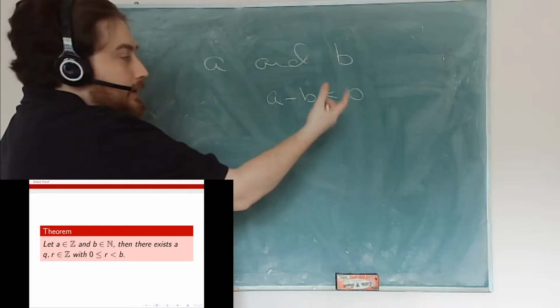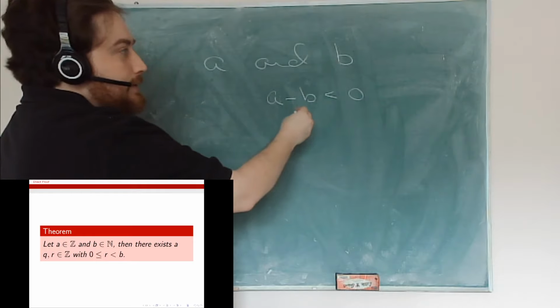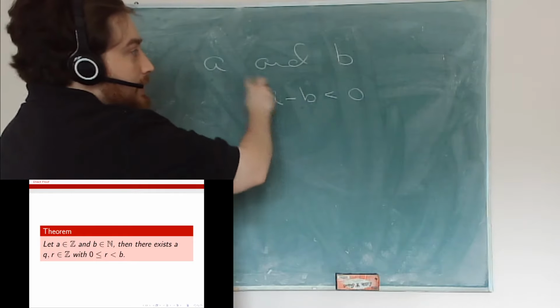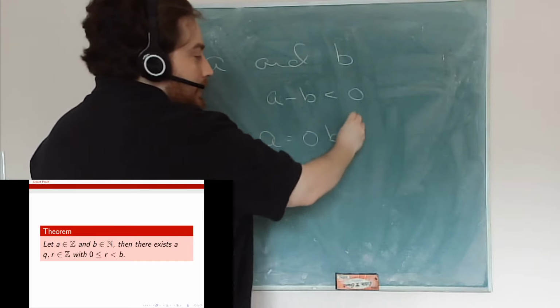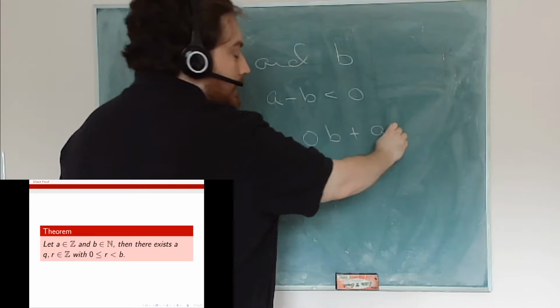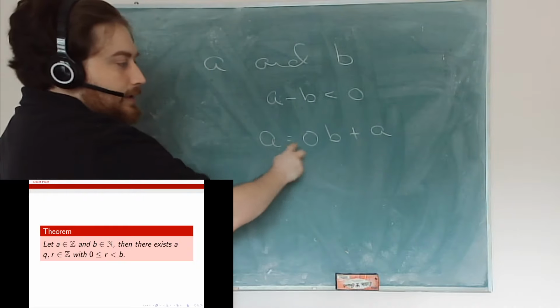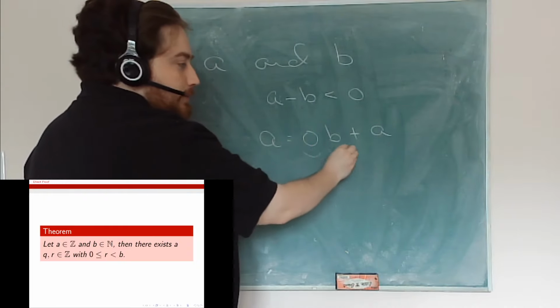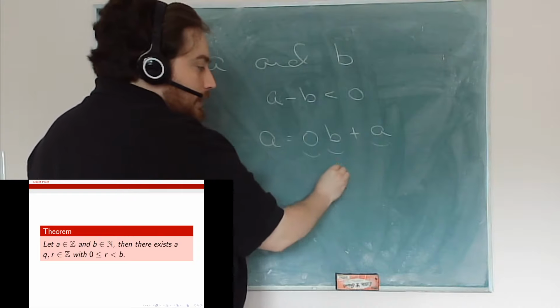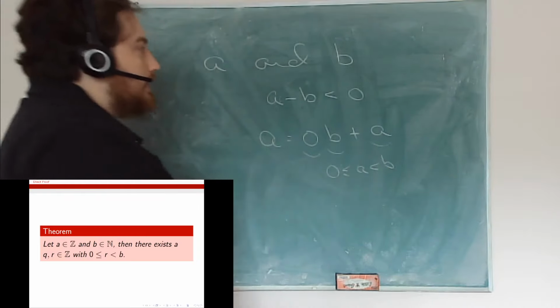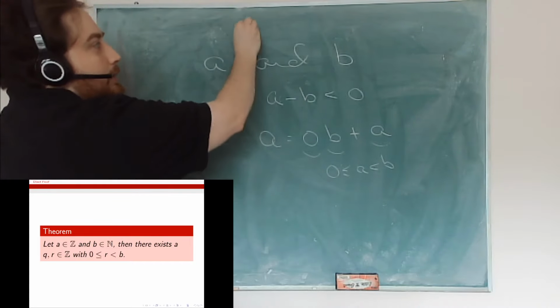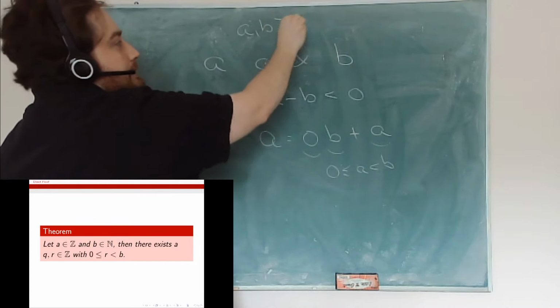If that's the case, I would just say that a divided by b is a equals 0 times b plus a. Notice that we have a as an integer times b plus an integer where 0 is less than or equal to a is less than b, assuming here that a and b are positive numbers.